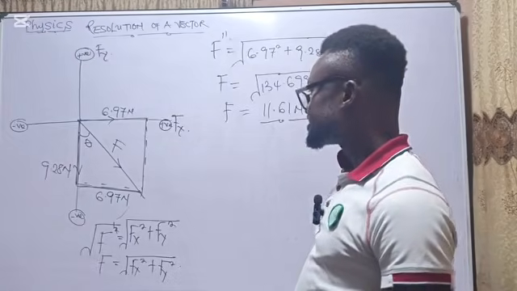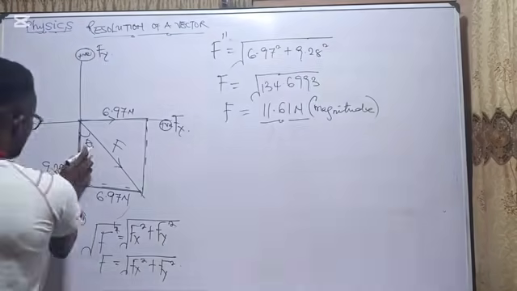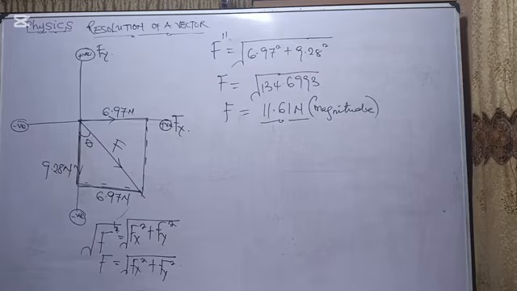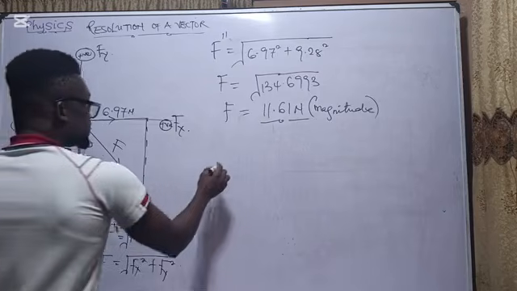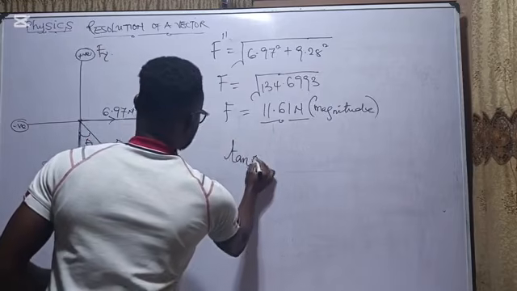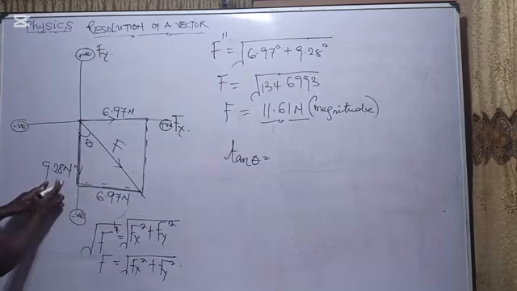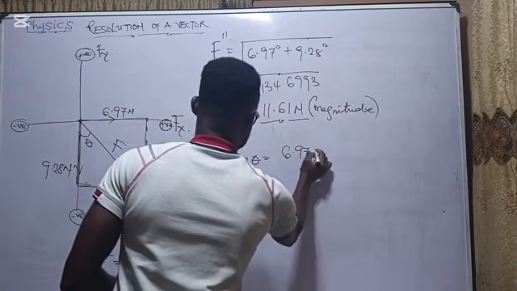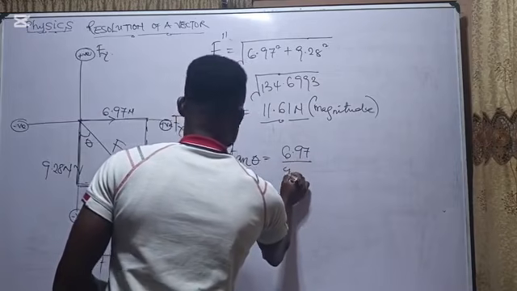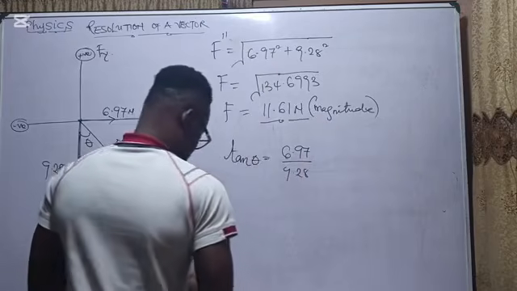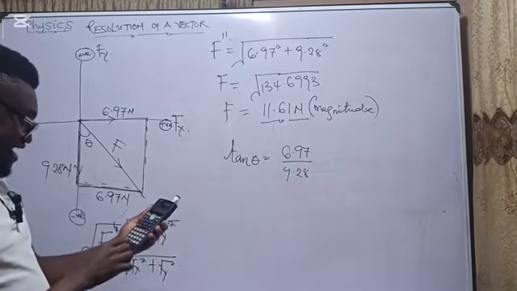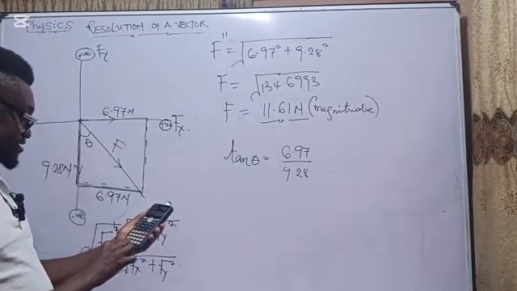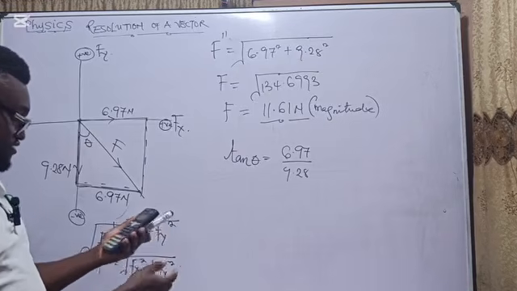So in order to get the direction, you see the angle, which is the direction, opposite here. Here is adjacent, which means we're employing tan. So in order to get direction, we have tan of that angle equal to opposite over adjacent. So we have 6.97 all over adjacent, which is 9.28. So we divide 6.97 divided by 9.28.